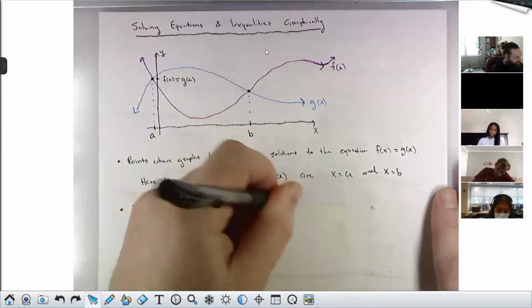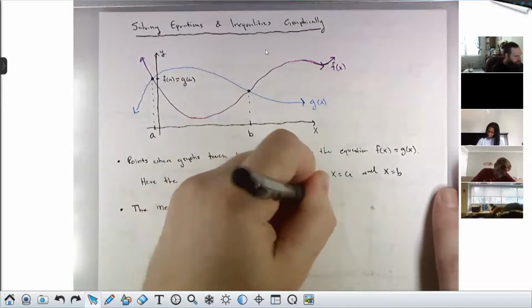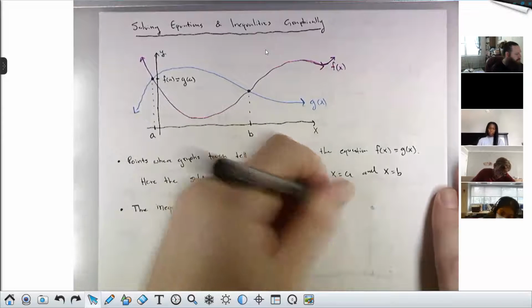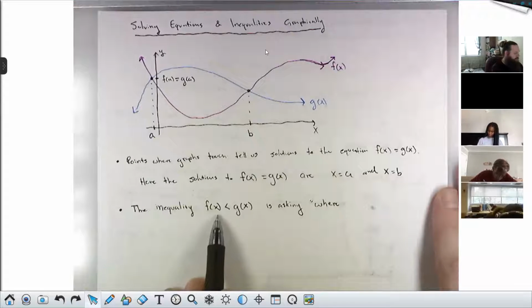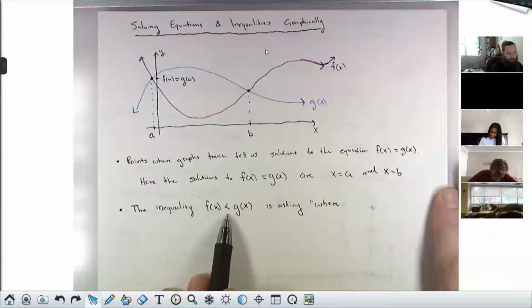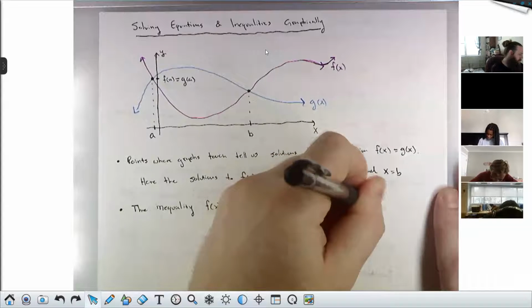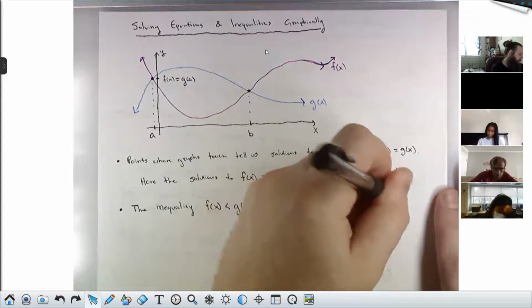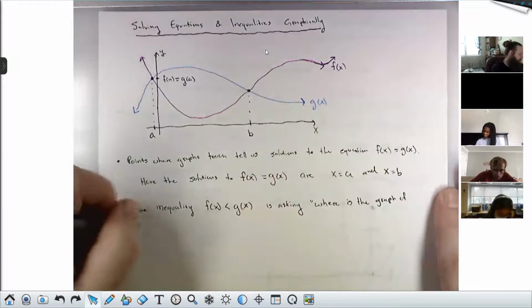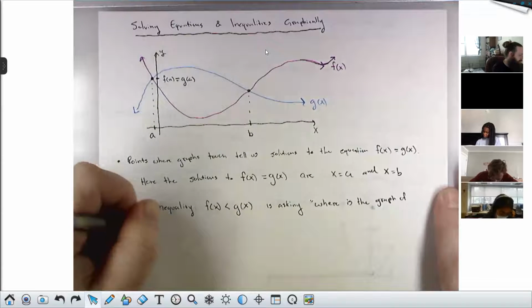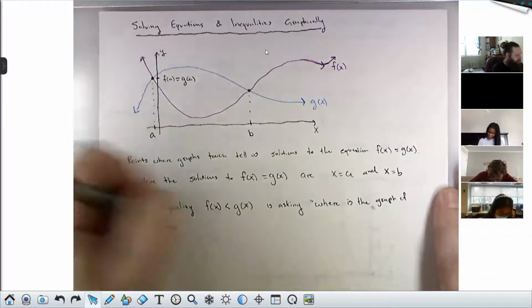This is asking: where is the graph of f smaller than the graph of g, or where are the y values on the graph of f smaller than the y values on the graph of g? In other words, where is the graph of f beneath the graph of g?